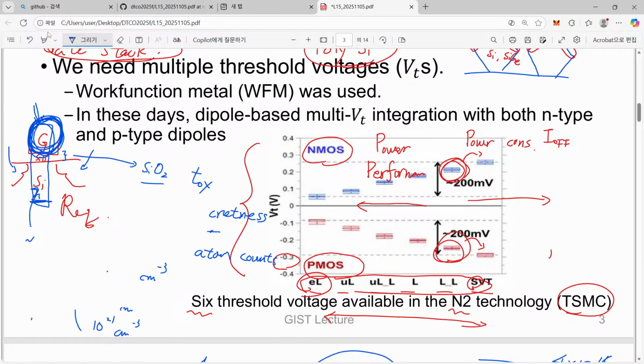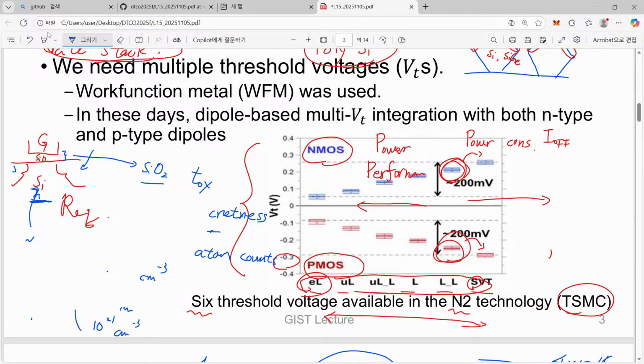We have 6 different options for one single type, P MOSFET and N MOSFET. Then should we introduce 6 different metals? So for this one, we use a certain metal and cover all other parts, and introduce a second metal, third metal, fourth metal. That makes it a really big problem.